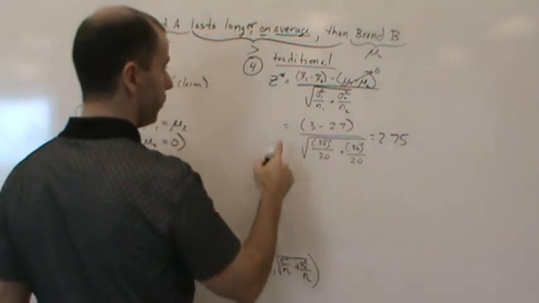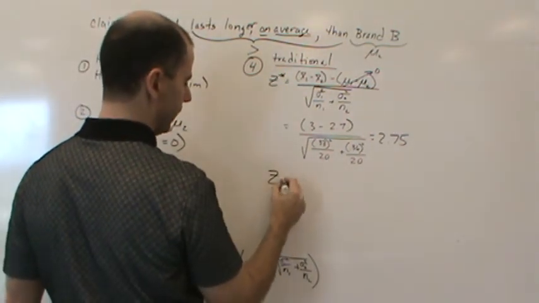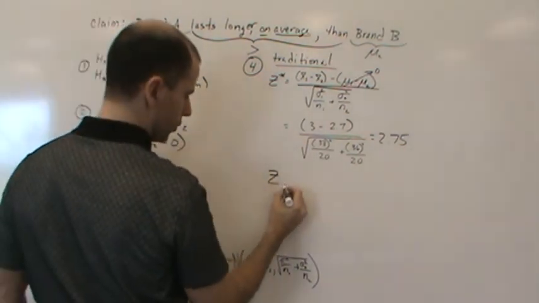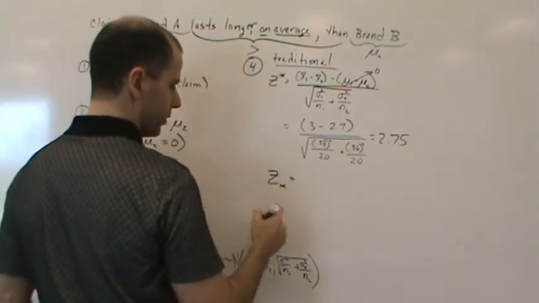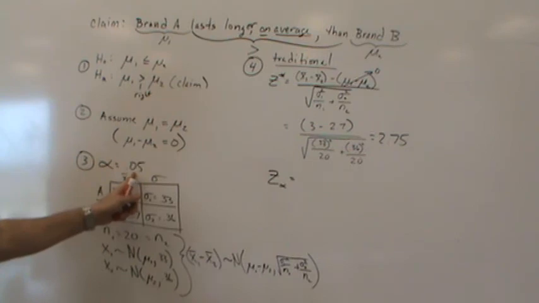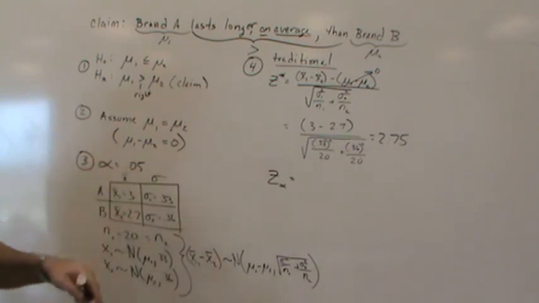Now, if I'm doing the traditional method, I now need my critical value, which in this case is for a right-tailed test. So it's going to be z alpha. And alpha is the area in the right tail. So my area to the right is 0.05, which means the area to the left is 0.95.